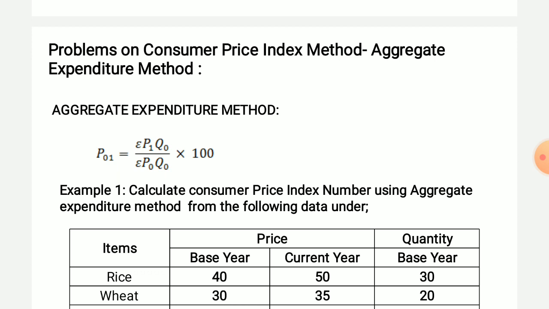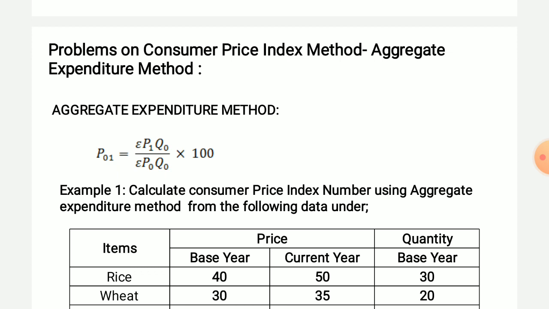So, the formula to calculate indices or index numbers according to the aggregate expenditure method is P01 is equal to sigma P1 Q0 divided by sigma P0 Q0 into 100.